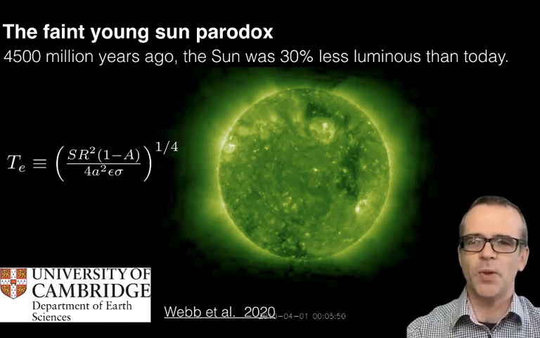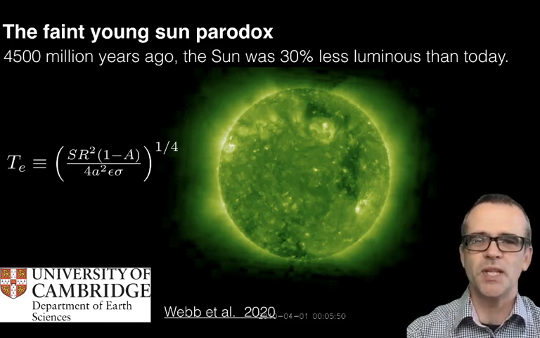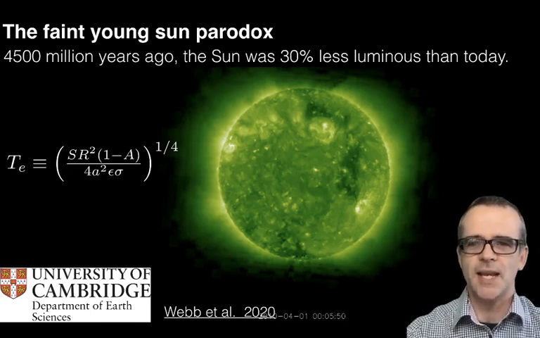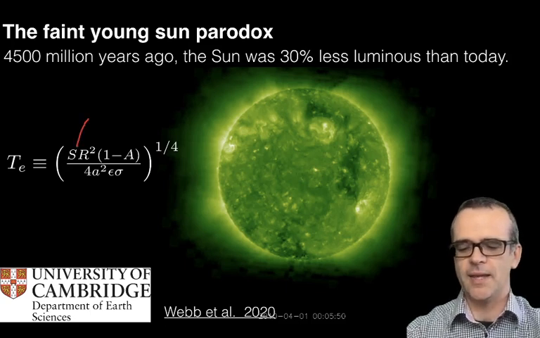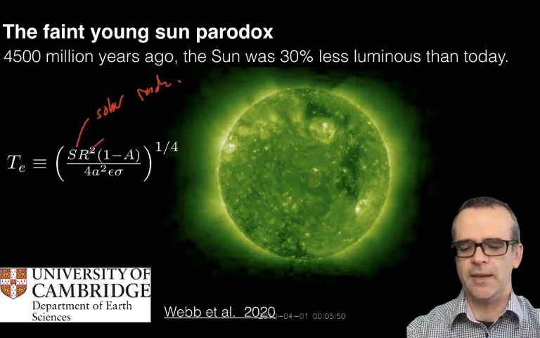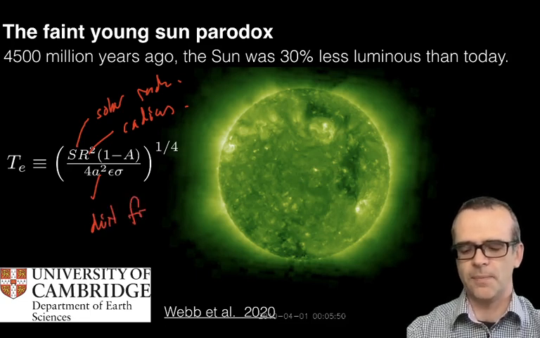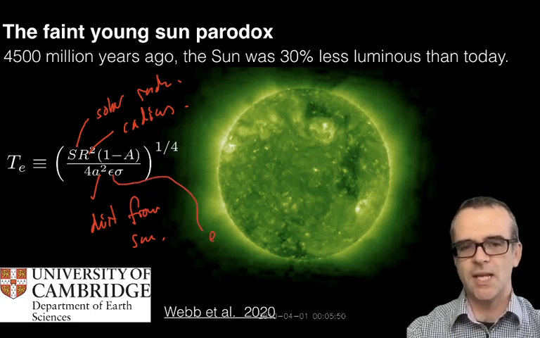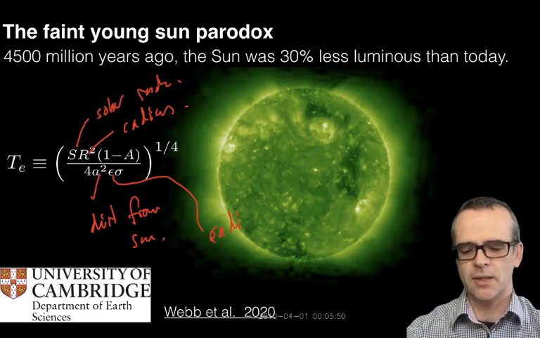And we can figure out what the temperature of the Earth should be from a very simple energy balance, which is what this equation represents here, where this is the incoming solar radiation, this is the radius of the planet, A is the distance from the sun, epsilon in here is something called the emissivity, or the radiation leaving the planet.